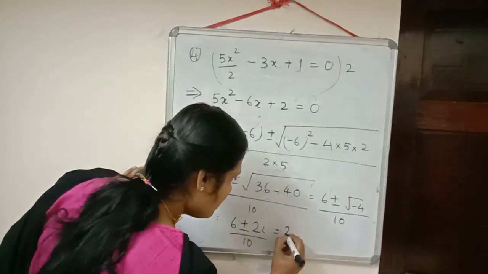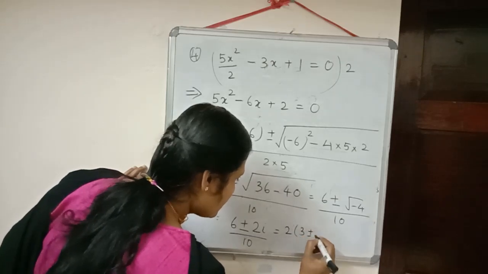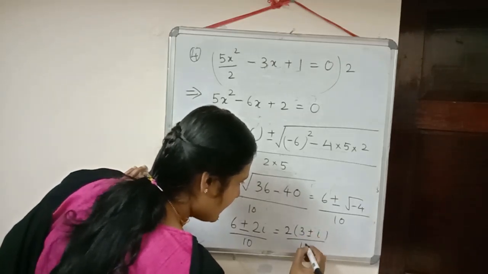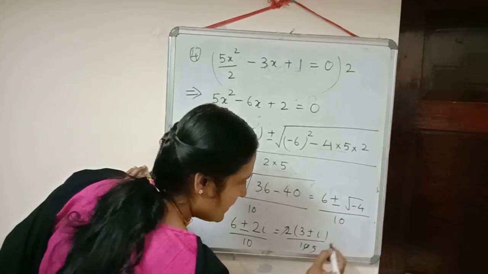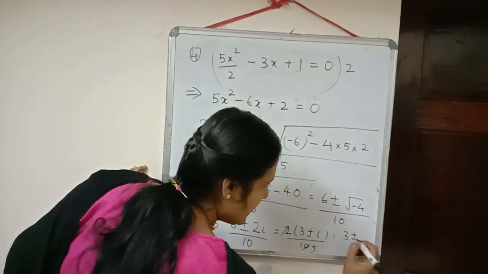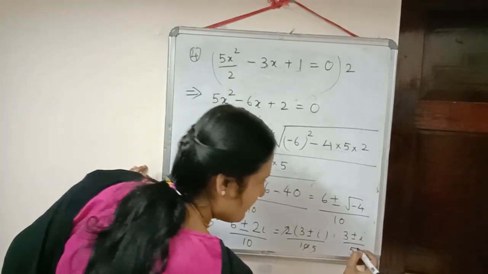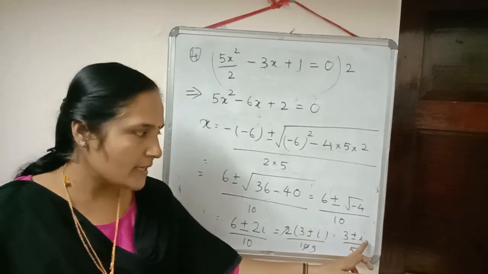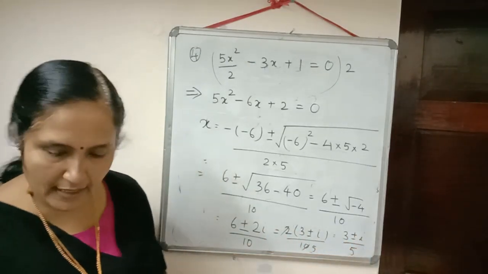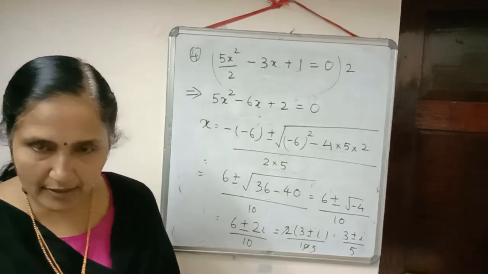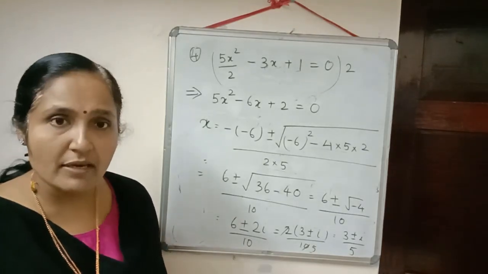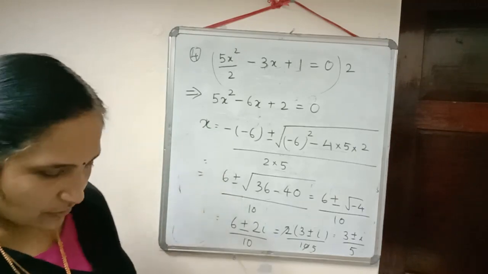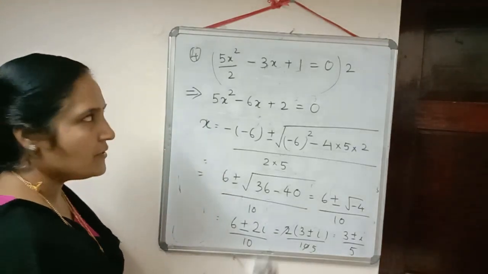So it will come 2 into 3 plus or minus i by 10. So this one we can cancel. So our answer will be equal to 3 plus or minus i by 5. So we are getting two solutions. First is 3 plus i by 5 and second one is 3 minus i by 5. So in this way we can solve the question. I hope these types of questions are clear to you.